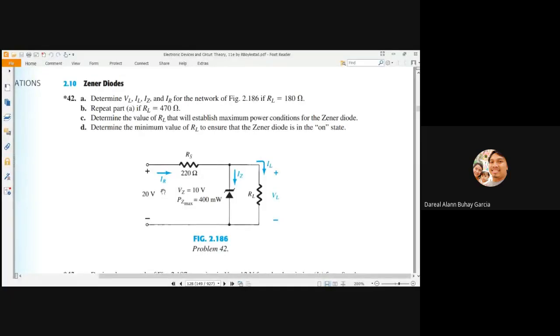Number 42. This is just like example number 1 earlier, just to practice.